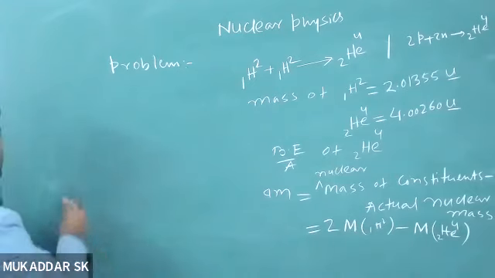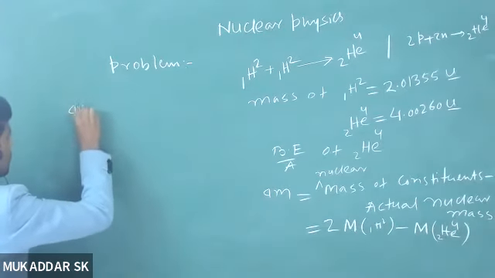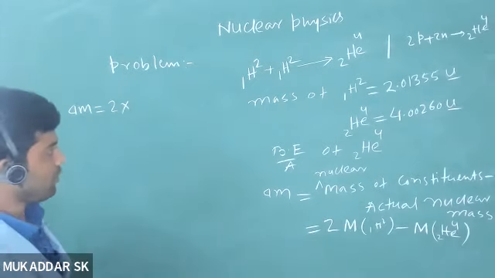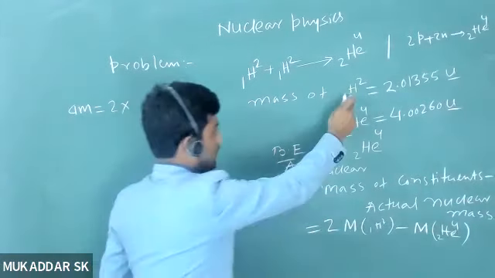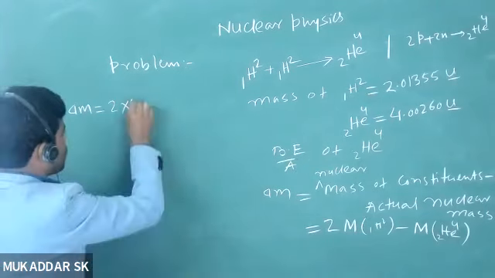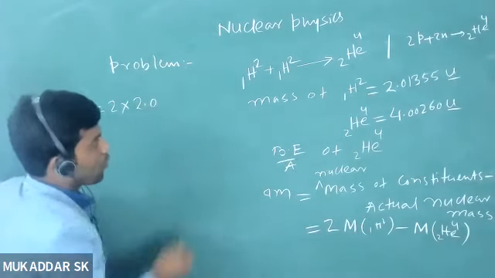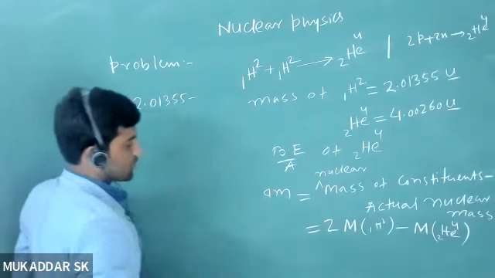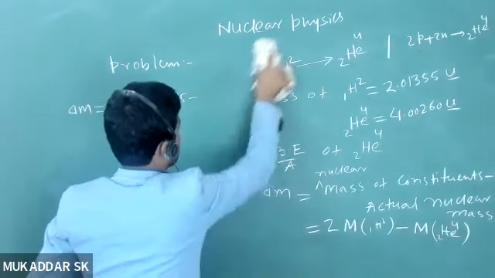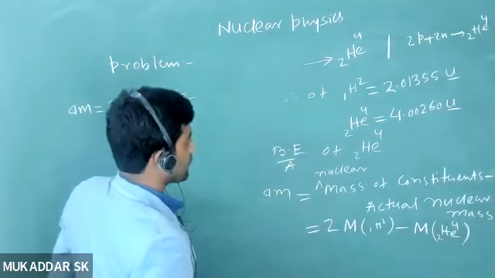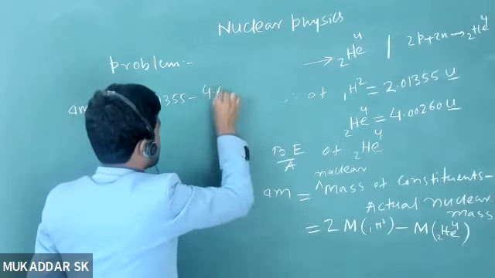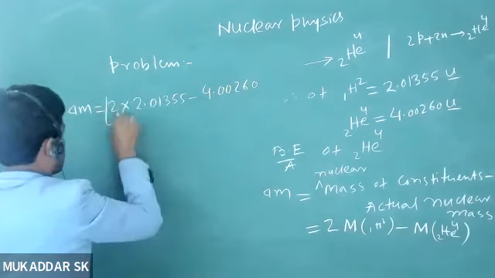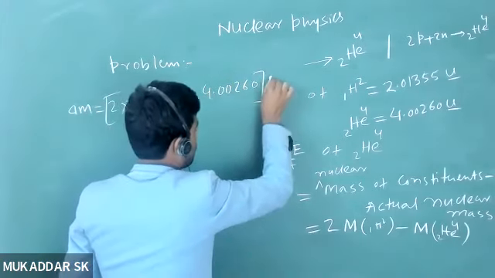So just I'll write the delta M here, and that will be 2 times mass of a deuterium nucleus, that is given as 2.01355, minus mass of a helium, that is given 4.00260, right? And in the unit of atomic mass.